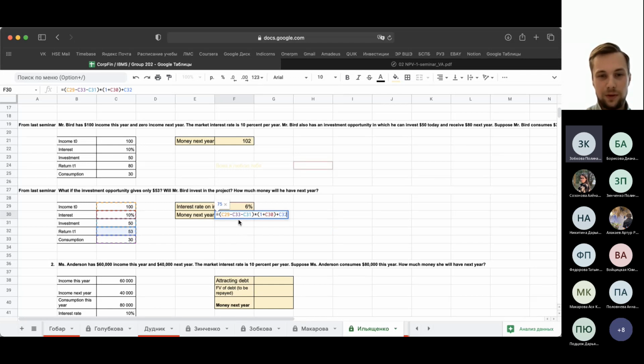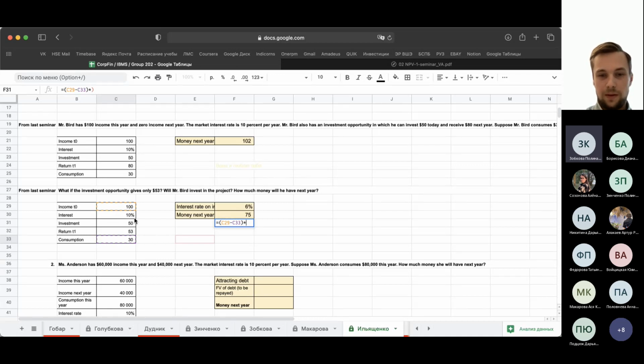Yes. So here you have calculated his income if he invests in this opportunity. Well, let's try to calculate the income if he does not invest. What will he have at the end of the year? So he had an income of 100. Then he consumed $30, and actually he won't invest in this investment opportunity. So every dollar that remains after his consumption, he can invest on the market with the interest rate of 10%.